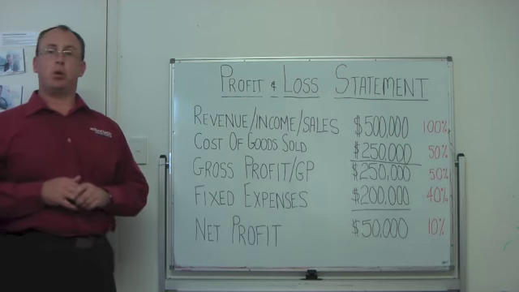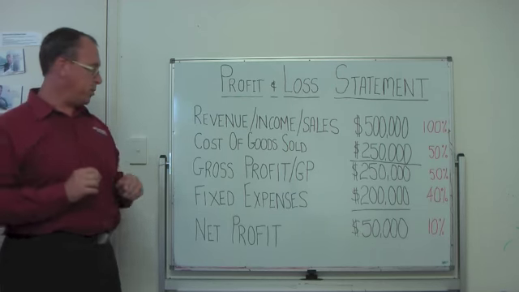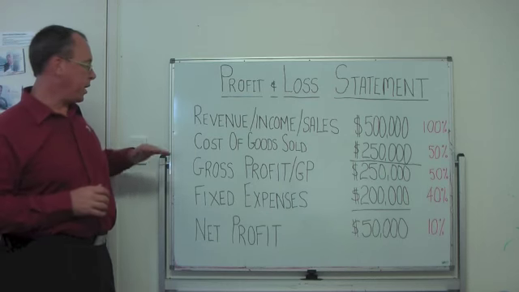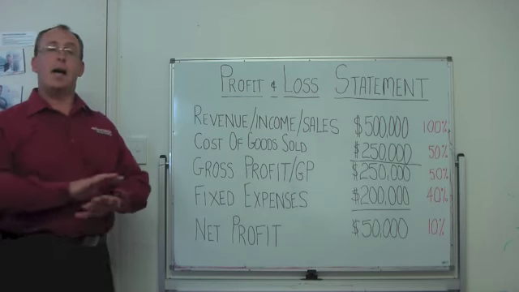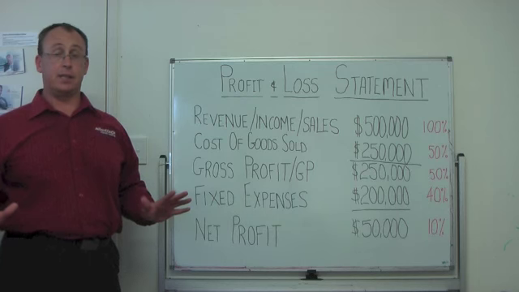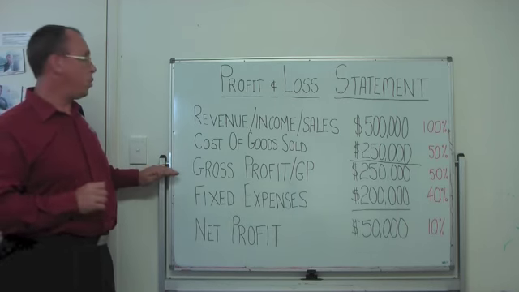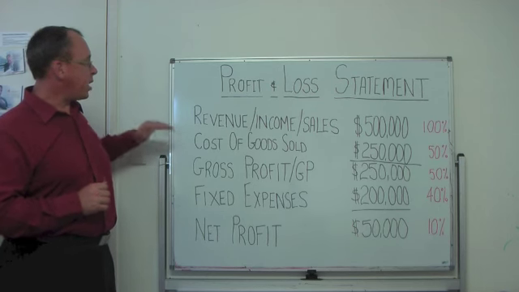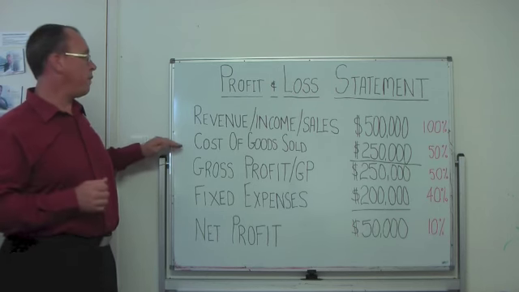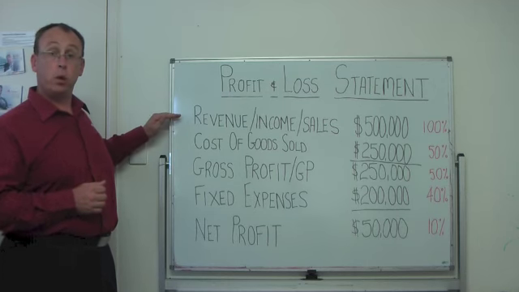Third item down here is your gross profit. Now sometimes people will get the profits mixed up. Their gross profit and their net profit are two completely different things, okay? Gross profit is what's left over when you deduct the cost of the goods that you sold from the revenue that you took within your business.